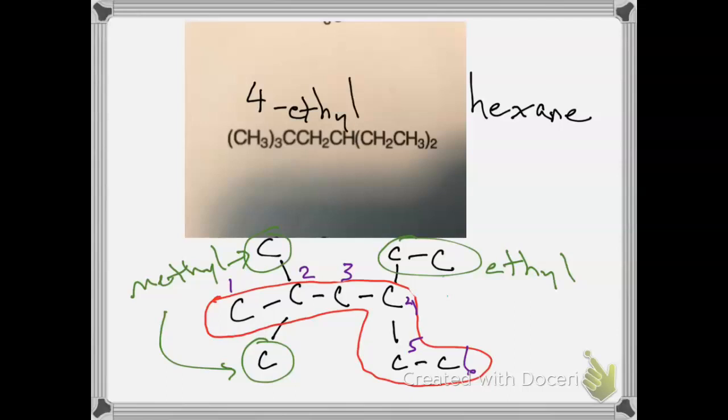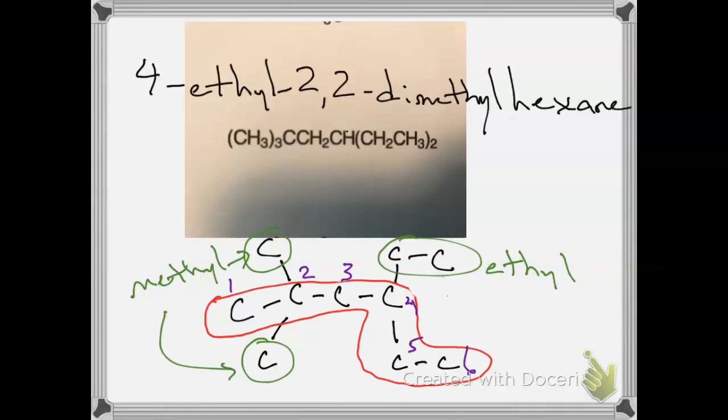Since ethyl is before methyl in the alphabet, you actually have to list that first, and then you put in the other group here, which is 2,2-dimethyl. Wow, that looks very clear. So 4-ethyl-2,2-dimethylhexane is the name of that. I've written it out for you right there in a little more clear fashion.